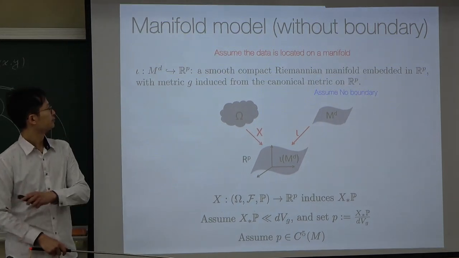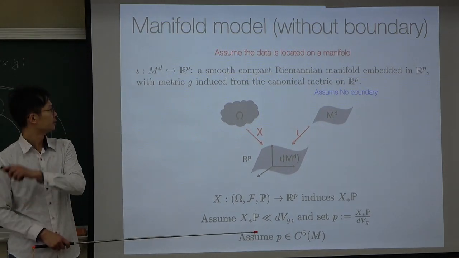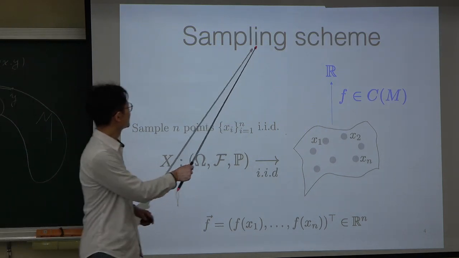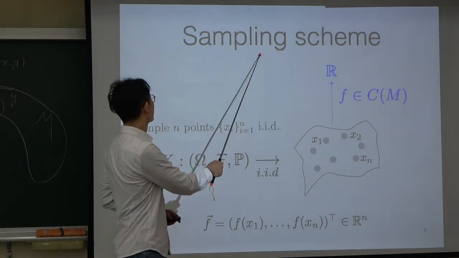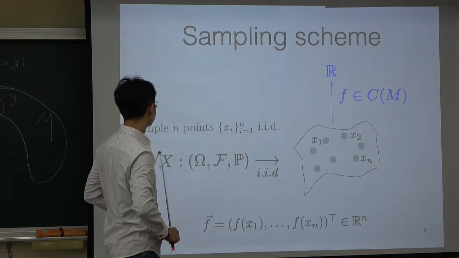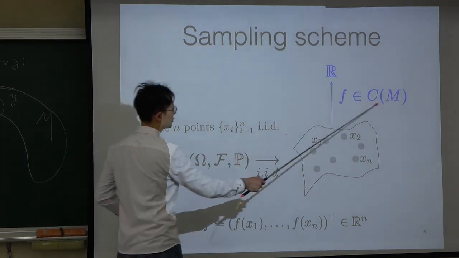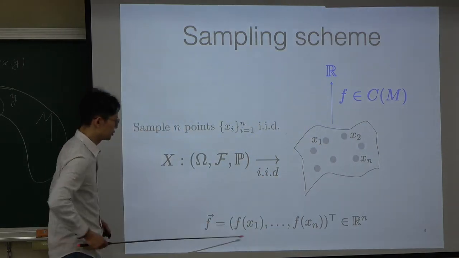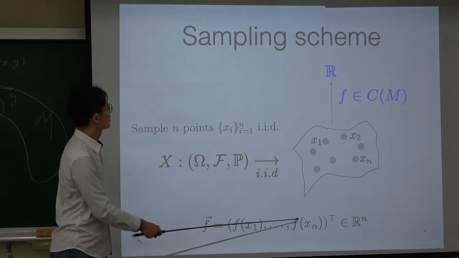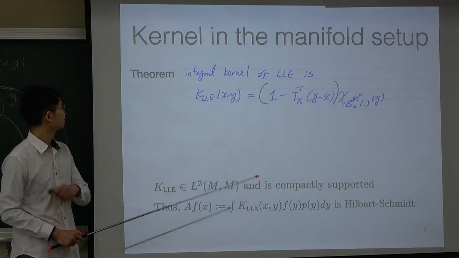And with that model, we will sample the random vector X_n independently and identically. And if you have a function that is continuous, then we do some discretization in that way. So that is the sampling scheme.